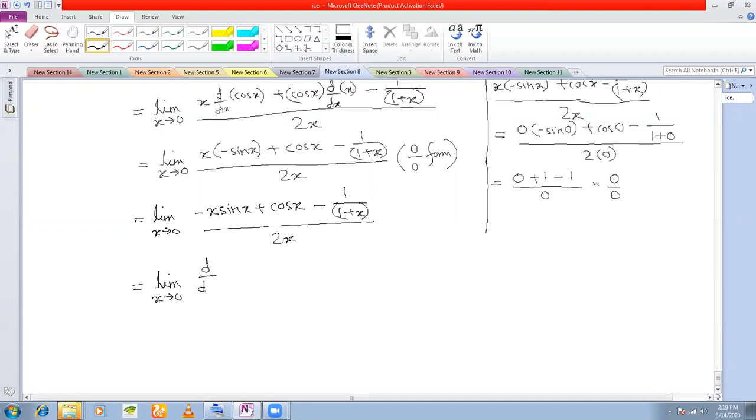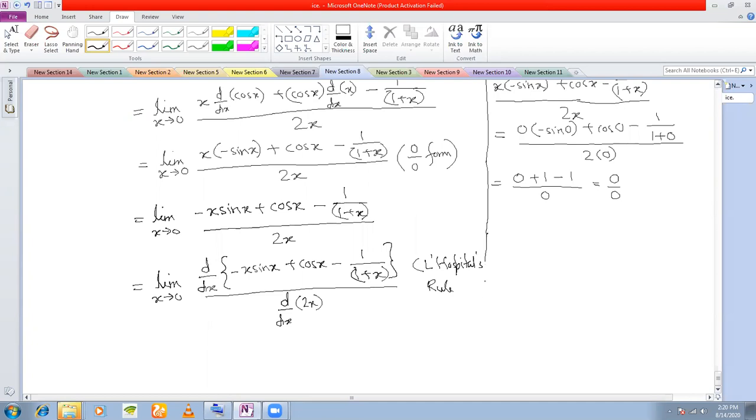d/dx of minus x sine x plus cos x minus 1 by 1 plus x, whole divided by d/dx of 2x. This is L'Hospital's rule. Now we'll first differentiate and then check again.